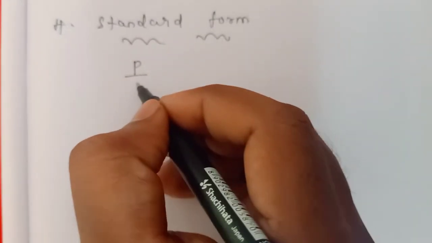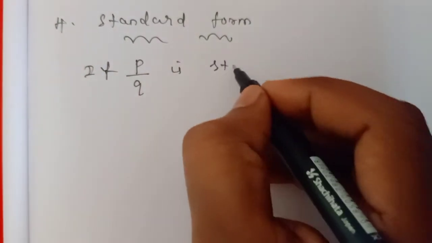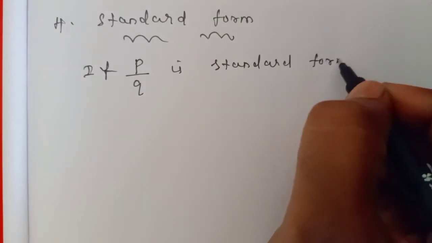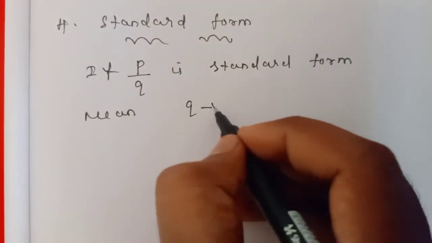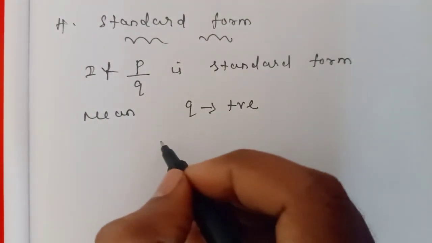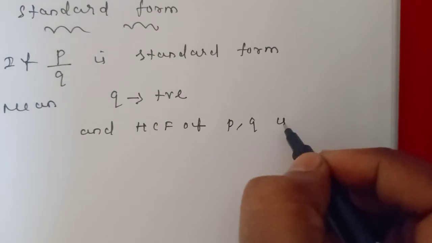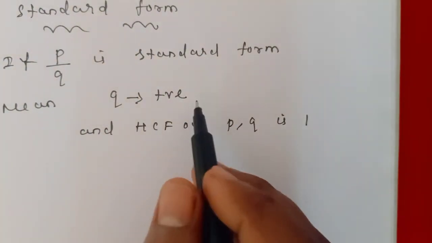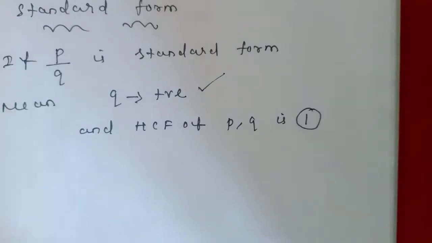If p by q is in standard form, it means q is positive and the HCF of p, q is 1.